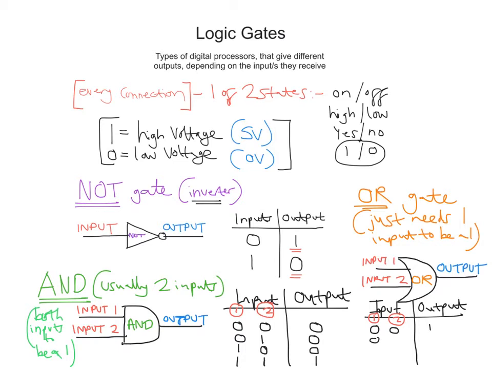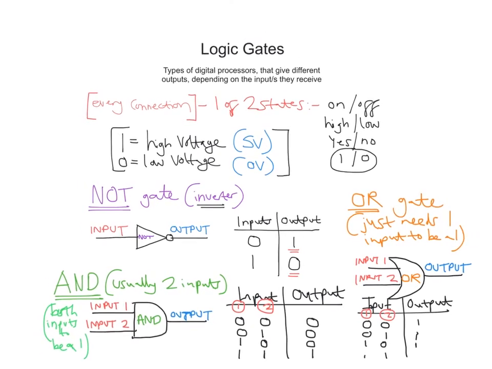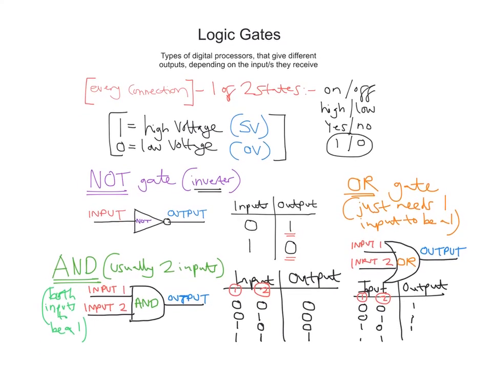If this was 0 and 1, then our output this time would be a 1. If this were 1, 0, then that would also be a 1, and 1, 1. If I just shrink the screen again just a bit. And we'll be able to see this. If our 2 inputs were a 1, then output would once again be a 1.